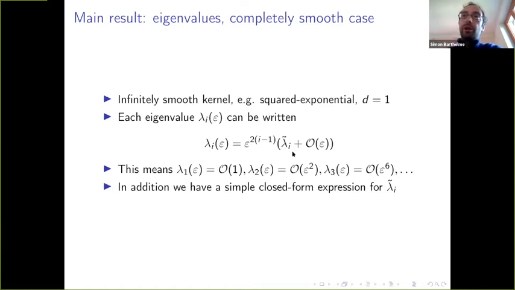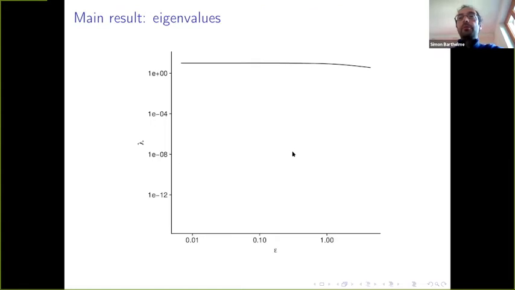So just to illustrate this a bit, again on an empirical example, what you see here is a plot where the x-axis is epsilon and the y-axis is the eigenvalues, and here it's the top eigenvalue of a kernel matrix. You see that it doesn't go to 0 as epsilon goes to 0. This is the next largest eigenvalue of the kernel matrix, and we see that it goes to 0 as epsilon.